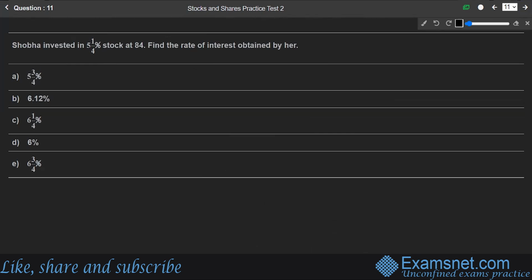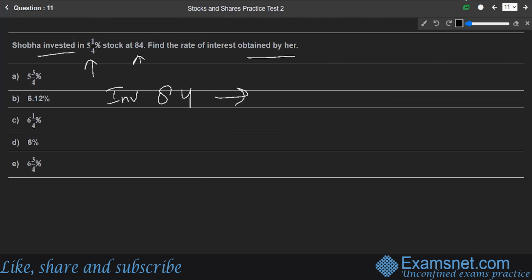Now, Shobha invested in 5 1/4% stock at 84. Find the rate of interest obtained by her. How much has she invested? The stock is available at 84 and the income received is 5 1/4%. So an investment of 84 will fetch the income of 5 1/4% of 100.